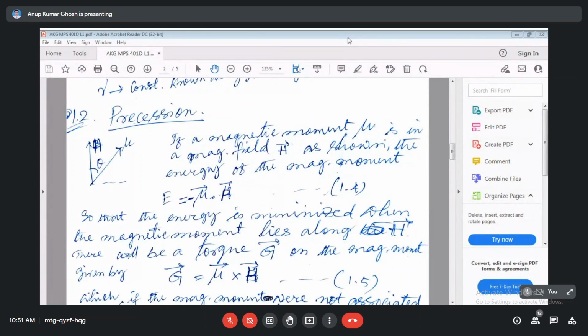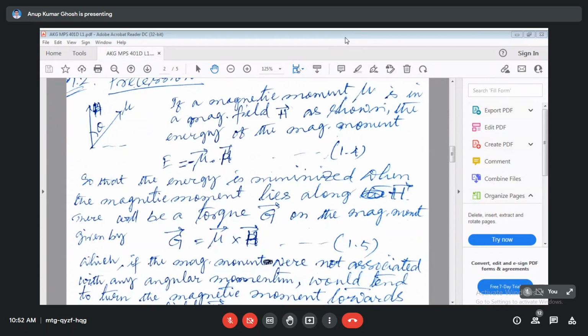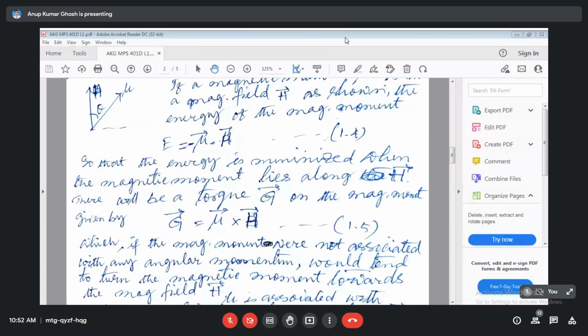Now, if a magnetic moment mu is in the magnetic field H, then the energy associated with this magnetic moment will be E equals minus mu dot H. Mu is the magnetic moment, H is the magnetic field.